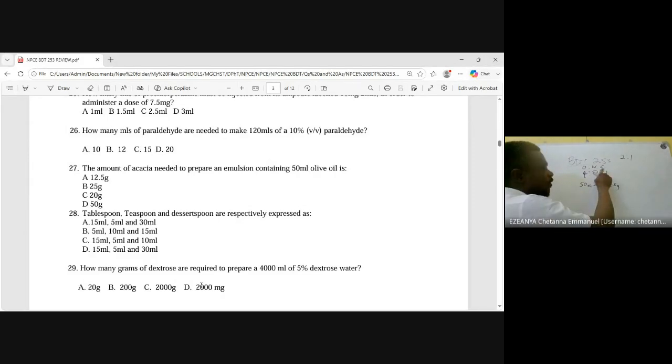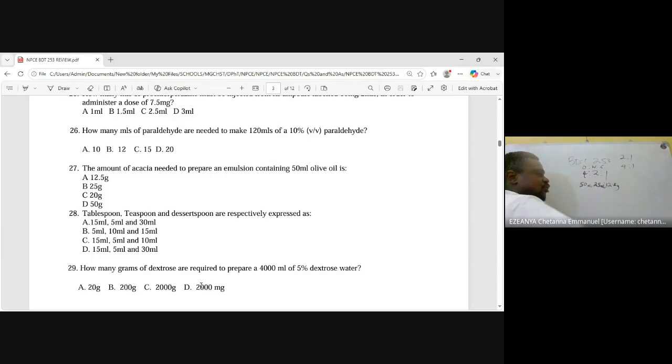And if you see 4:1, what it means is that no matter what you are doing, at any point in time, oil is 4 times the amount of gum. Respect the units for gum, which is solid, in gram. But at any point in time, irrespective of their units, oil is 4 times the amount of gum.